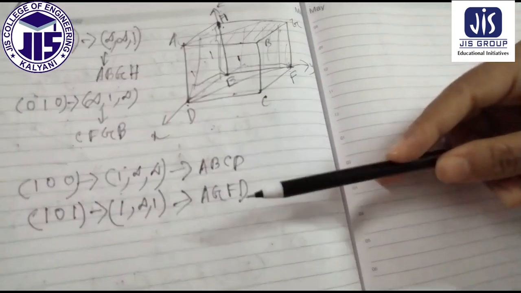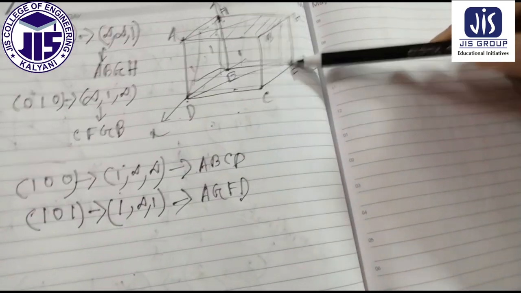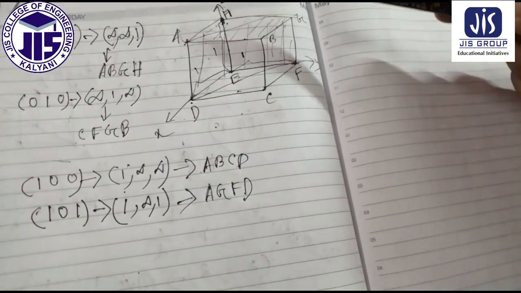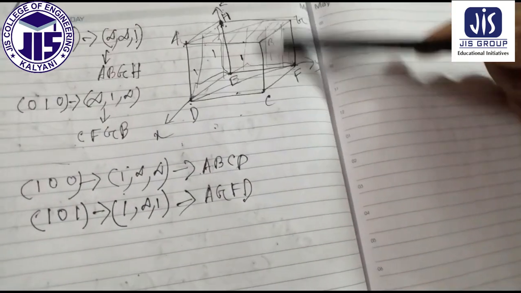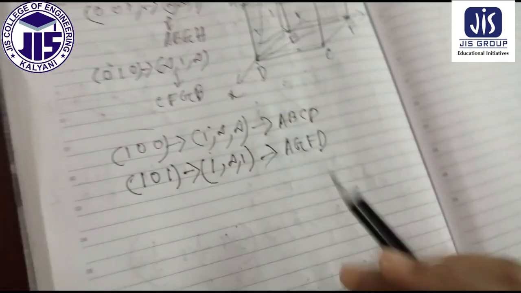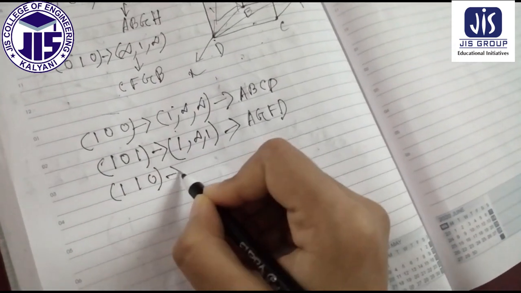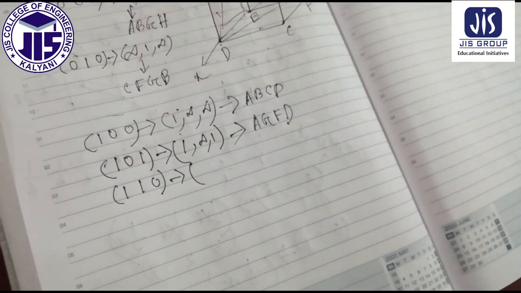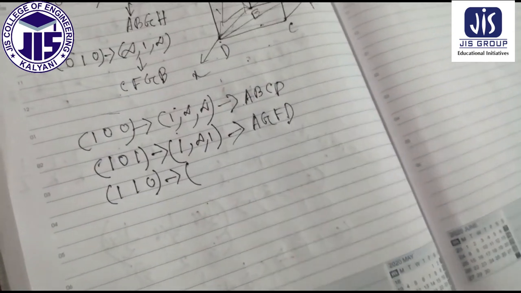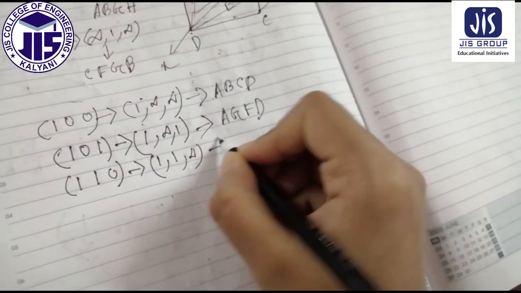In this kind of case, we don't have to think too much. We just have to join them and take the parallel line, and this imaginary plane will be the answer. Next, if the question is 1, 1, 0, then the corresponding coordinate will be nothing but 1, 1, infinite.